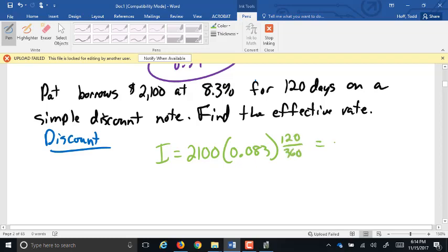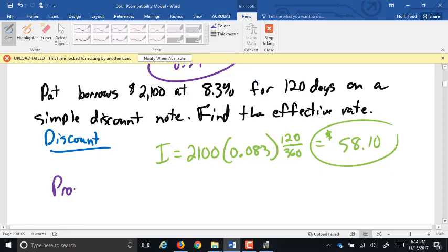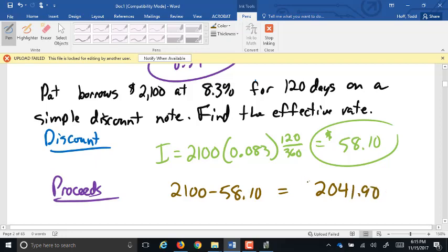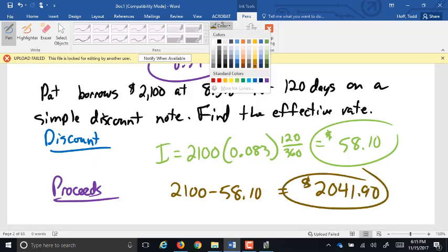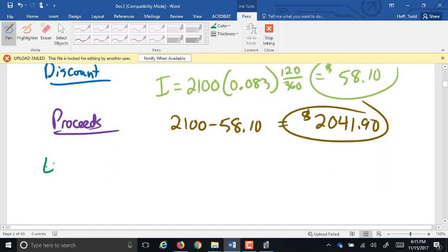And what do we get? $58.10. That's our discount. So then we find proceeds. So it is $2,041.90. And then find the effective rate.